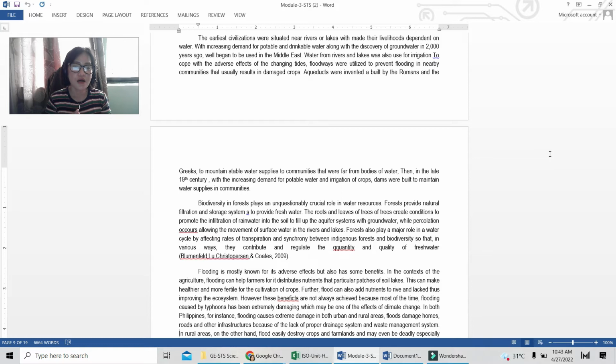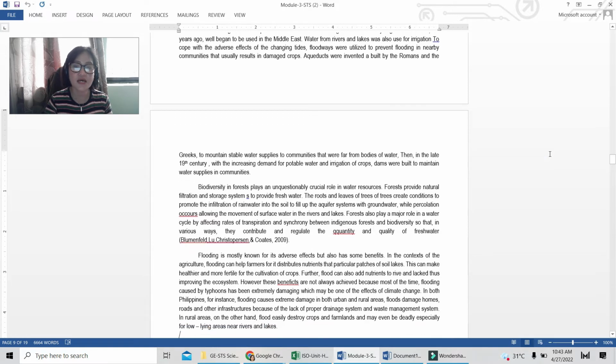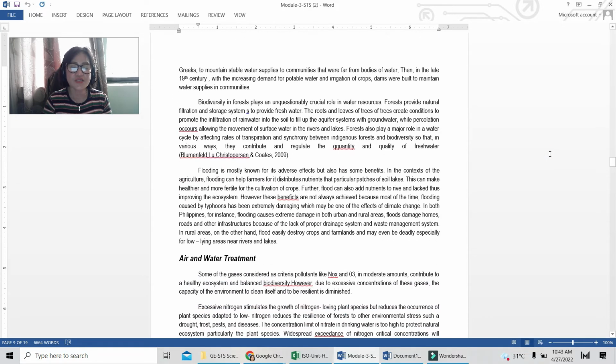So flooding is mostly known for its adverse effects, but some have benefits. That is one of the reasons flooding and many other natural disasters are called climate change, because of the overuse or abuse of the natural resources that were given to us.